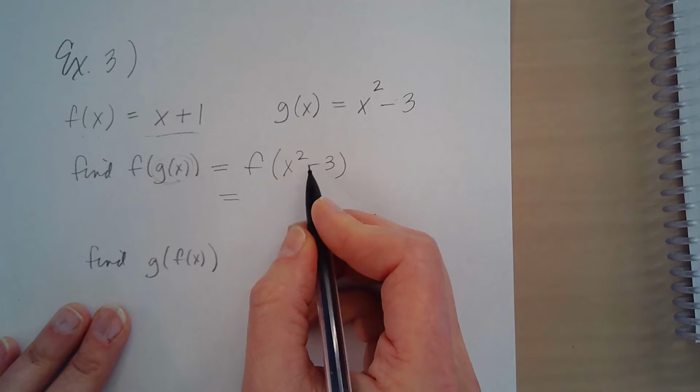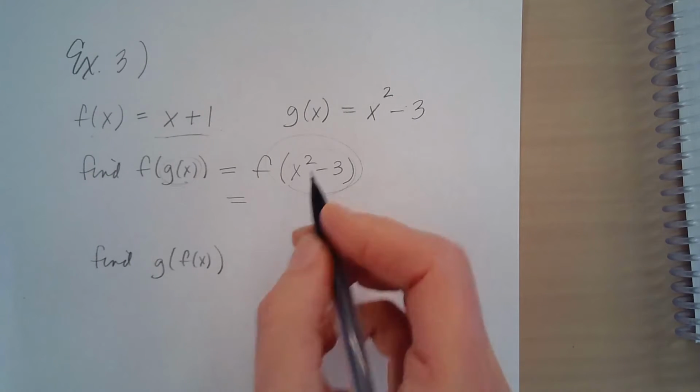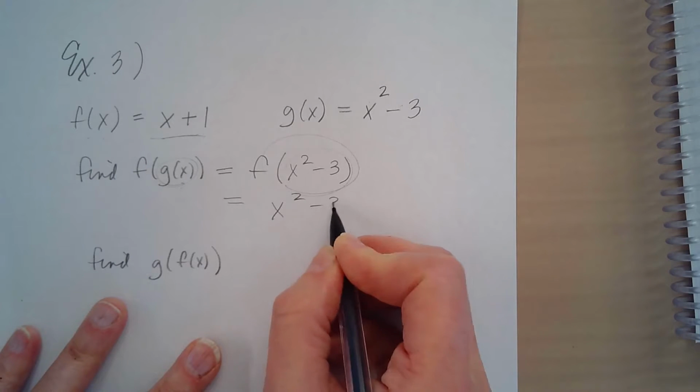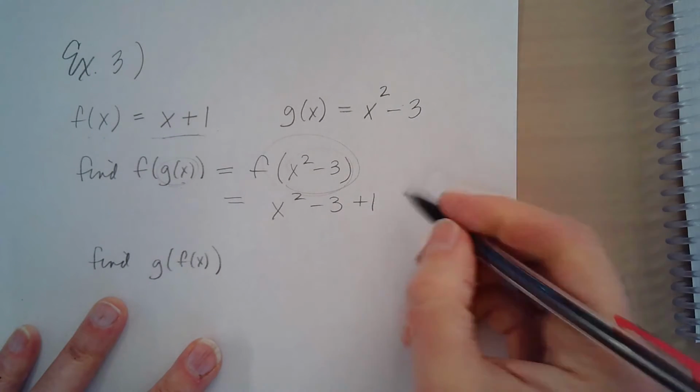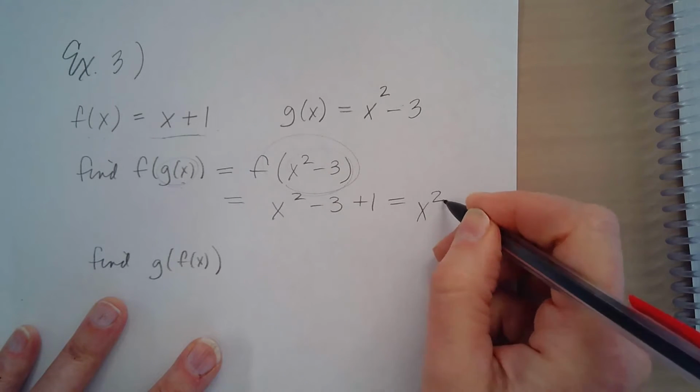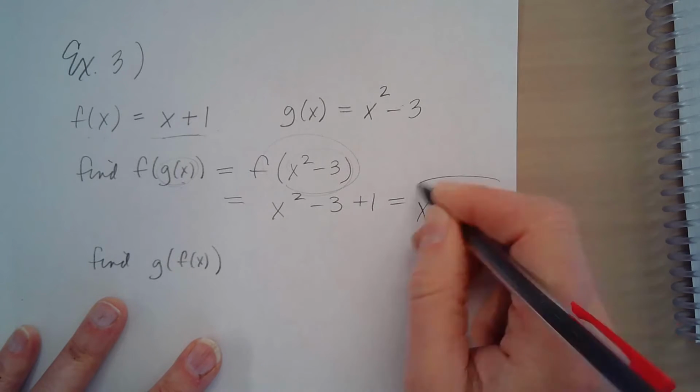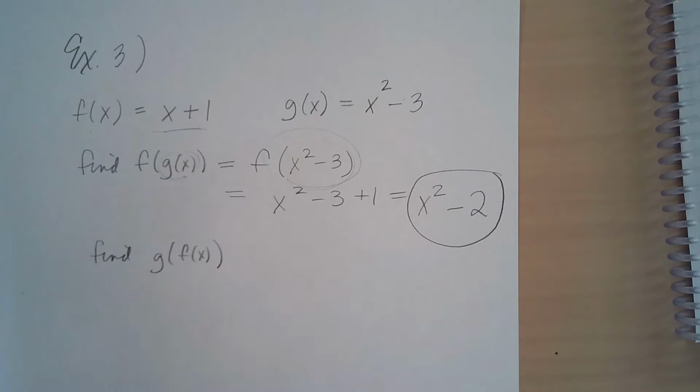So this is my new x, I guess. I take whatever's in the brackets and I add 1. So that's going to give me x squared minus 2. Okay, so x squared minus 2 is the correct answer. Whoever had that, you are correct.